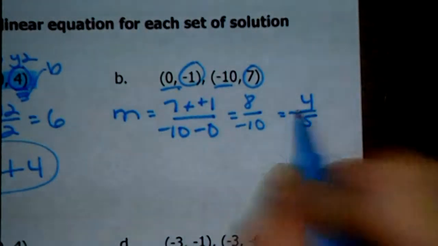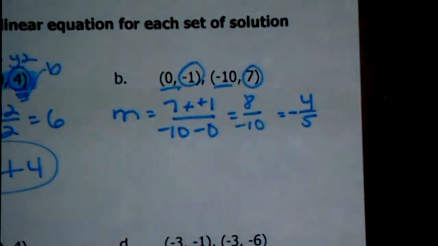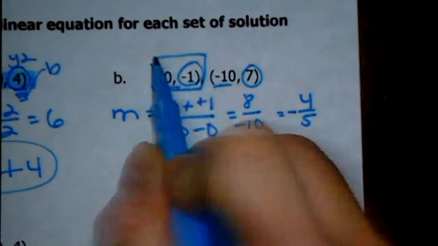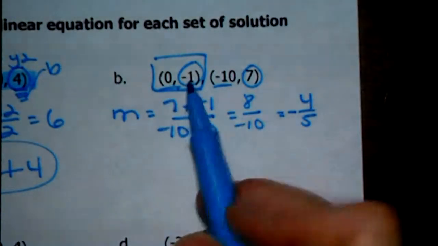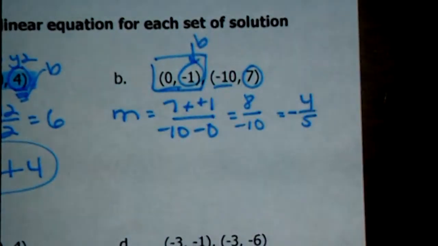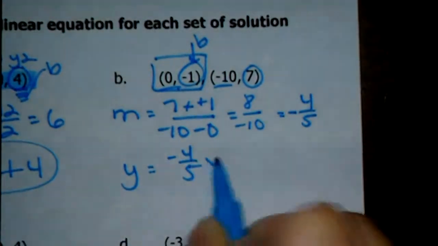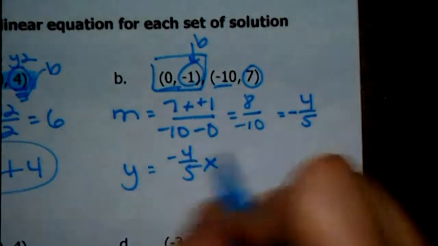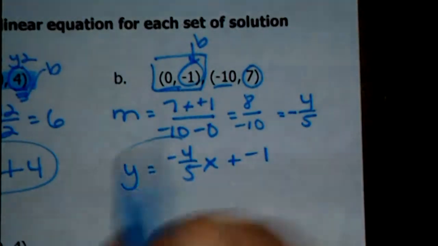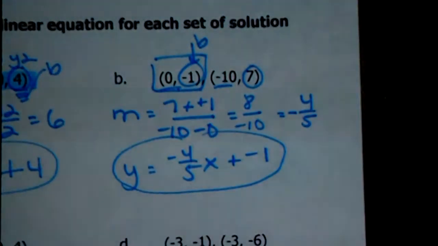I'm just going to put it in the middle because that's usually the way it's written. So my slope will be negative 4 fifths. And looking at these ordered pairs, when x is 0, y is negative 1. That makes negative 1 the b. So y would equal the slope times x, don't forget the x, plus negative 1 or minus 1. I would accept either one at this point in time.